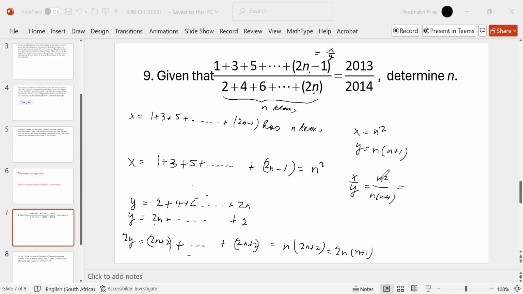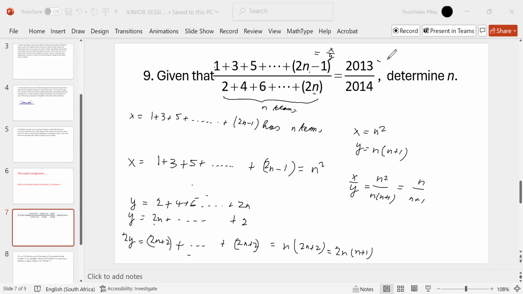So this is n times n, and this is n times (n plus 1). So you can cancel the n's. And you will see that x over y is a fraction where the denominator is one more than the numerator.